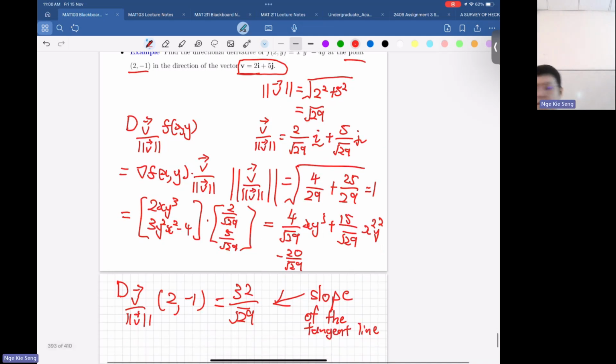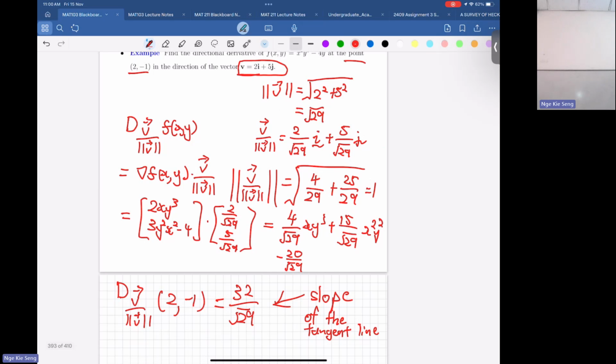Okay. Do you remember how we get this tangent line? You need to look at the direction, the plane that contains this direction, and then this plane will intersect your surface, and you will get a curve, and that's the slope of this tangent line. Why don't I use gradient? I don't want you to confuse it with this gradient vector here, because now we involve a few dimensions already.